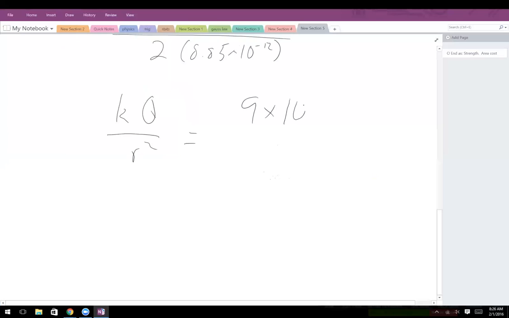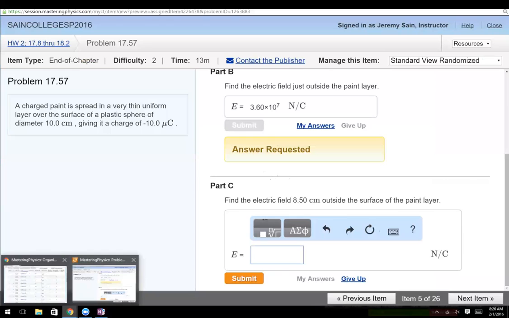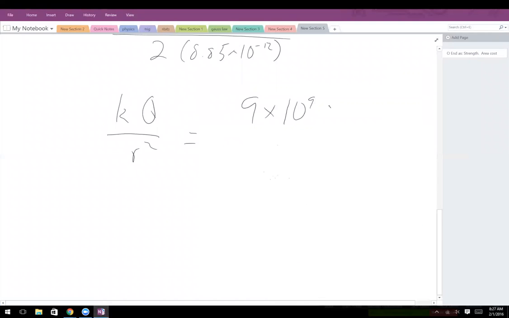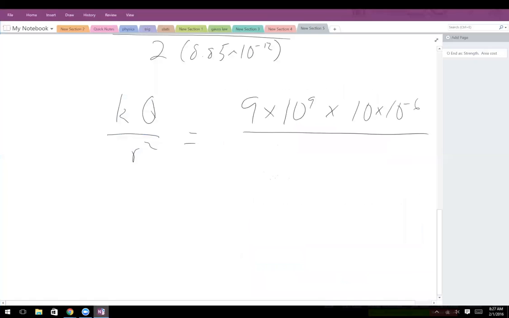So this should be 9 times 10 to the 9th, and then 10 microcoulombs, and then 10 centimeters, which we're going another 8.5, so 18.5 centimeters.